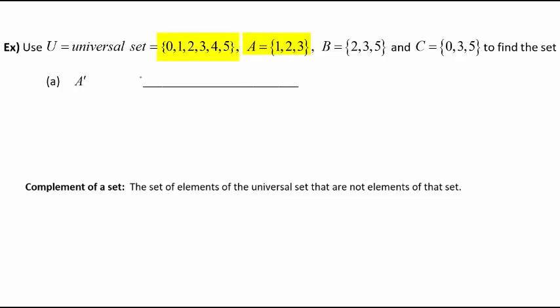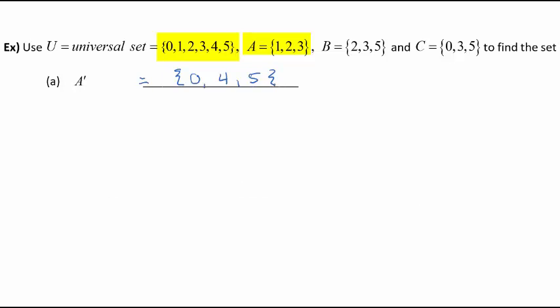So the complement of A is the set of 0, 4, and 5, because 0, 4, and 5 are the elements of set U, the universal set, but they are not elements in set A.